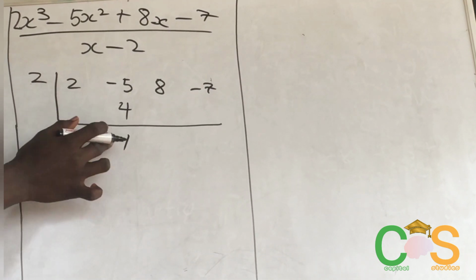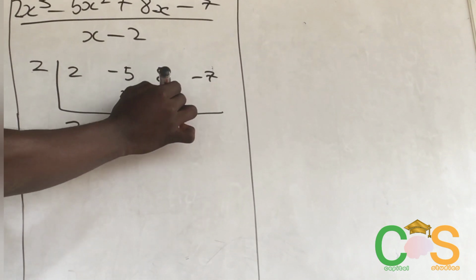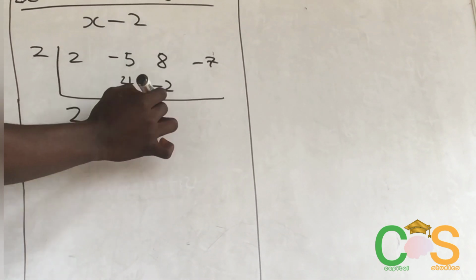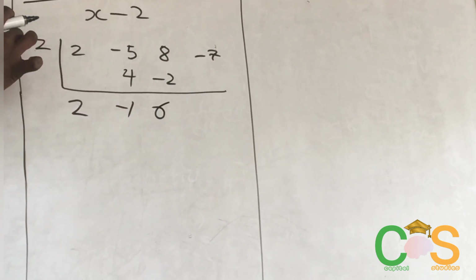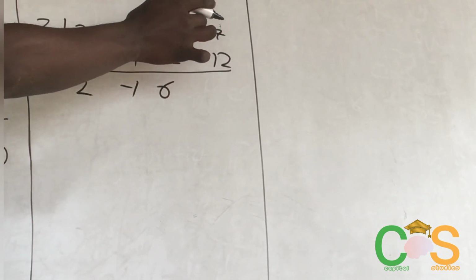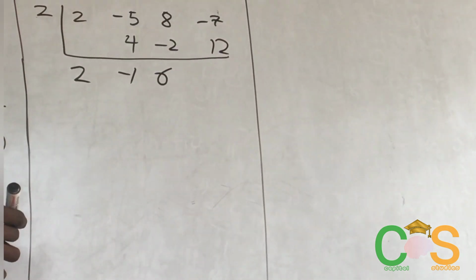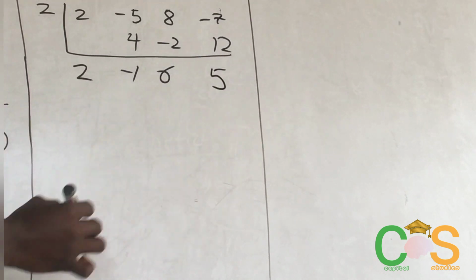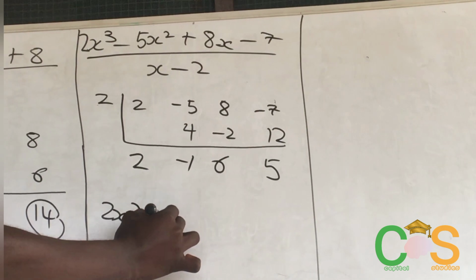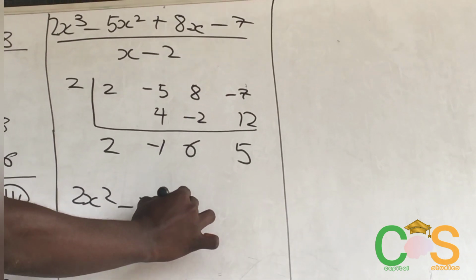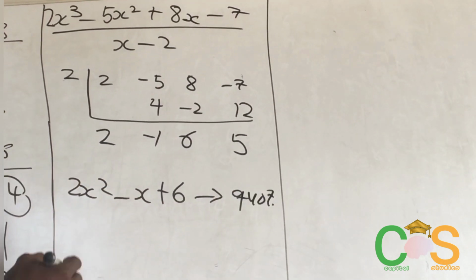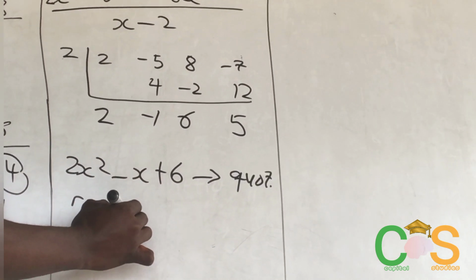Then we continue again: 2 times minus 1 gives us minus 2. Then you add, so you get 6. Then repeat the same thing: 2 times 6 gives you 12. You write it beneath the minus 7. Then you add it. Minus 7 plus 12 is 5. So it means that 2x squared minus x plus 6 is our quotient, and our remainder is 5.